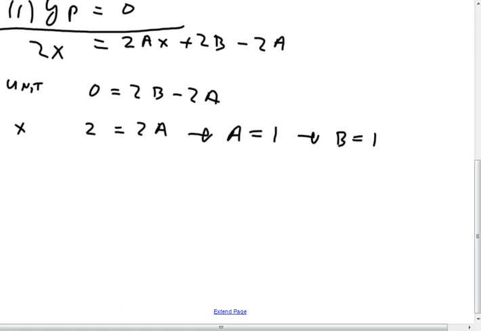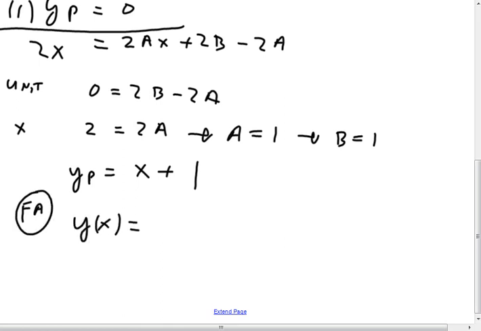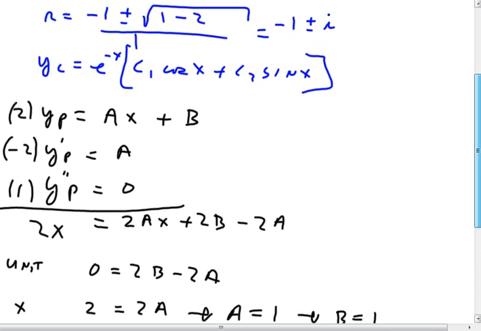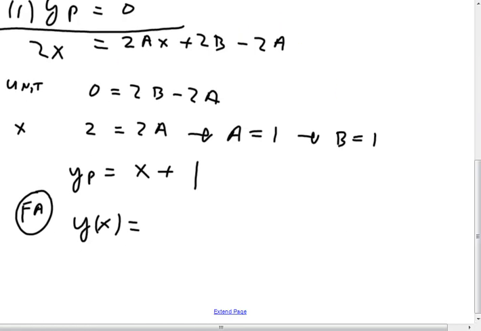So my particular solution is going to be x plus 1. My final answer, y of x is equal to c1 e to the minus x cosine x plus c2 e to the minus x sine x plus x plus 1.